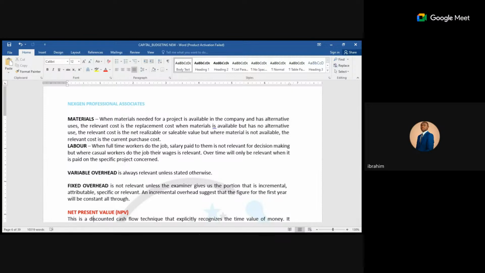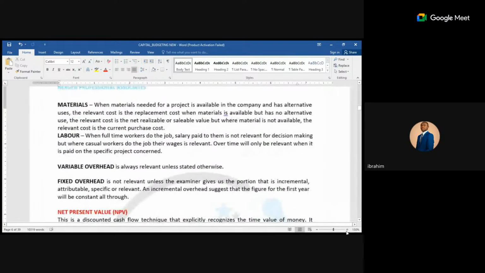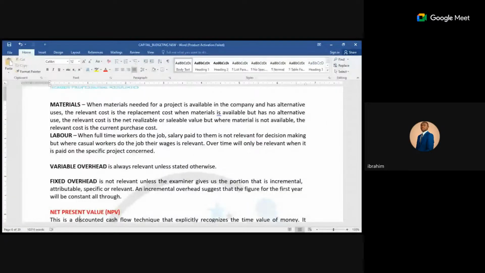When you have a material in the store and it has alternative use, the relevant cost is the replacement cost of that particular material.